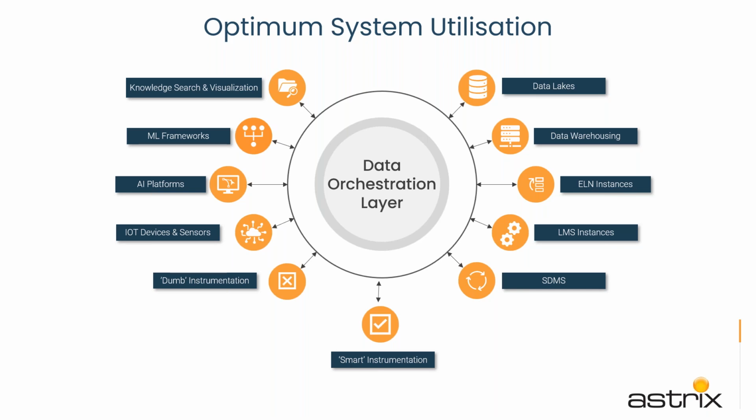This layer handles the transport of data between systems as and when those systems require it. So once integrated to your orchestration technology of choice, your chromatography data system, for example, your CDS, can be configured to send information out to a number of different destinations, whether that's to a data lake or to whatever combination of ELN, LIMS, SDMS that you might have.